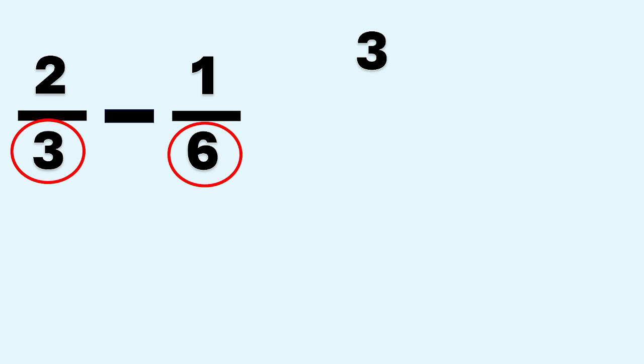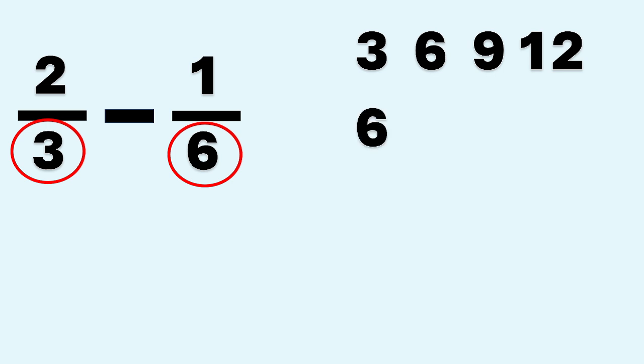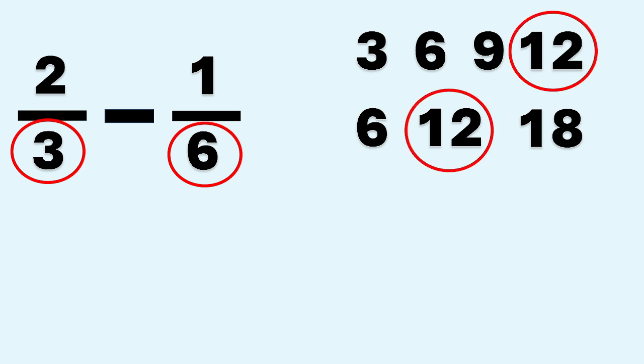The multiples of 3 are 3, 6, 9, 12. The multiples of 6 are 6, 12, 18. No need to go on once you find the LCM. So the LCM is 12. 12 will be our common denominator.